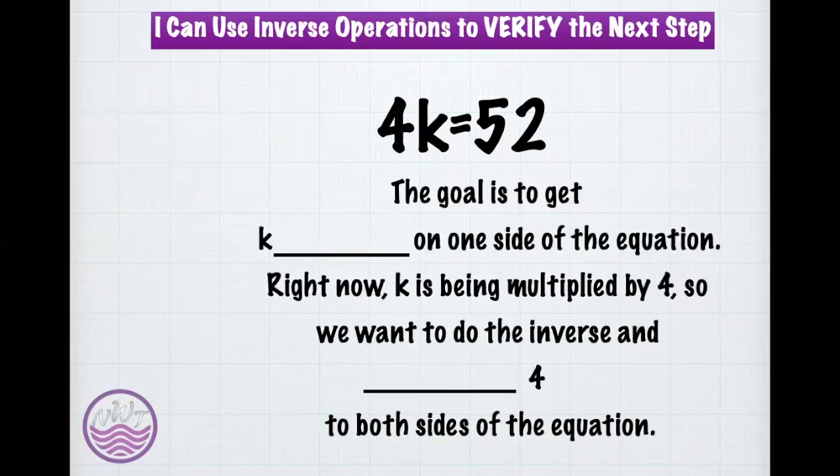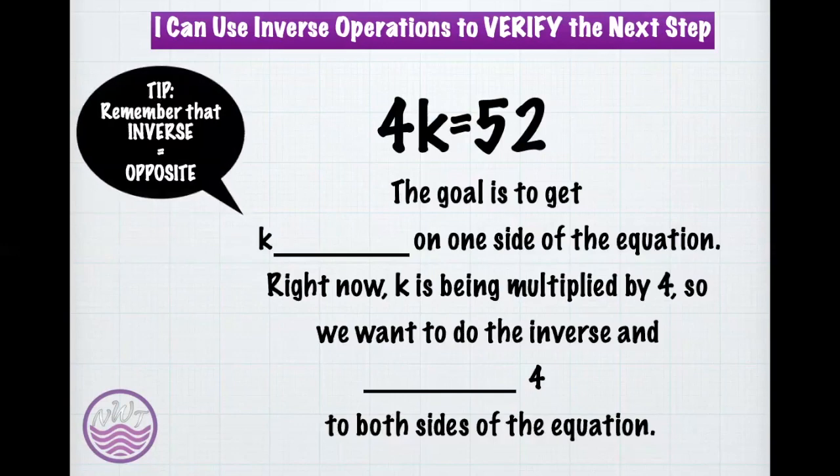So when I'm looking at my sentence frame to figure out how to solve this, the goal is to get k. What do you guys think? The goal is to get k by itself. If you said alone, if you said isolated, those are all correct as well. And it's what we want to get on one side of the equation by itself. And right now, k is being multiplied by 4, like we talked about.